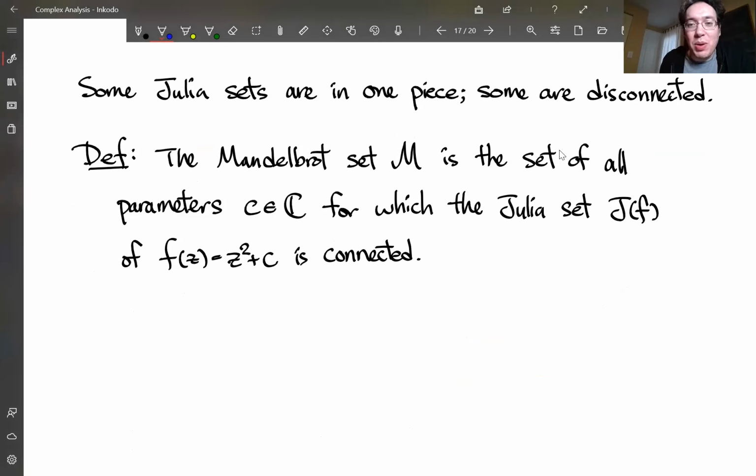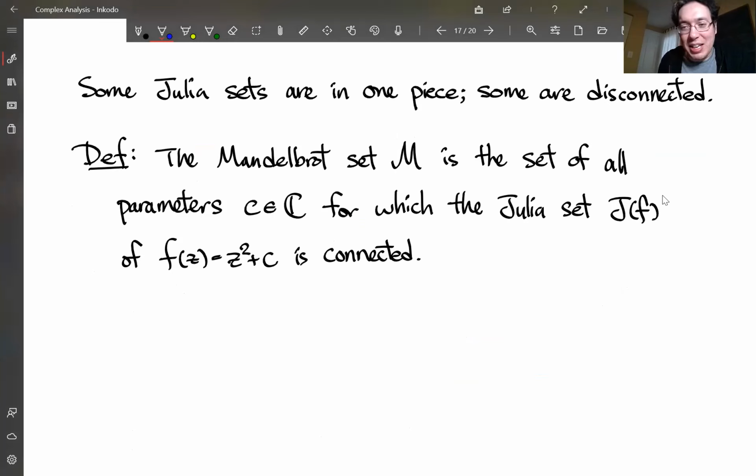So one thing that you might have noticed is that some Julia sets are in one piece and some are disconnected. Remember, some look dusty, just a few points scattered around. Others had blocks of black space. That's a filled-in Julia set.